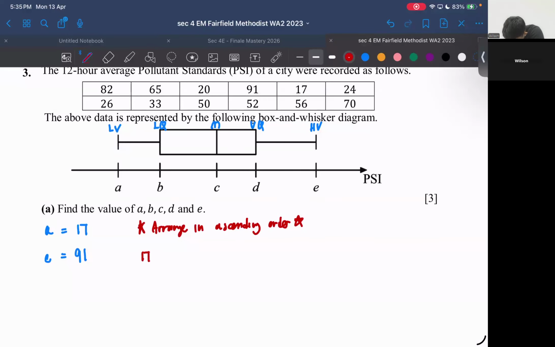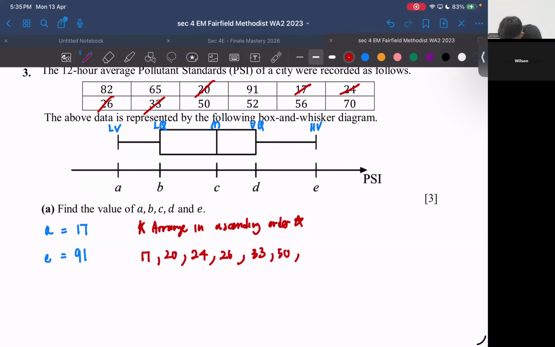So let's see, 17, 20. Kira, just correct me if I'm wrong. 26, 33. Oh, there's a 24, right? Okay, see, my eyes are not so good. Say 24 over here, 26, 33. I should start cancelling, right? 20, then this one what? 50, right?